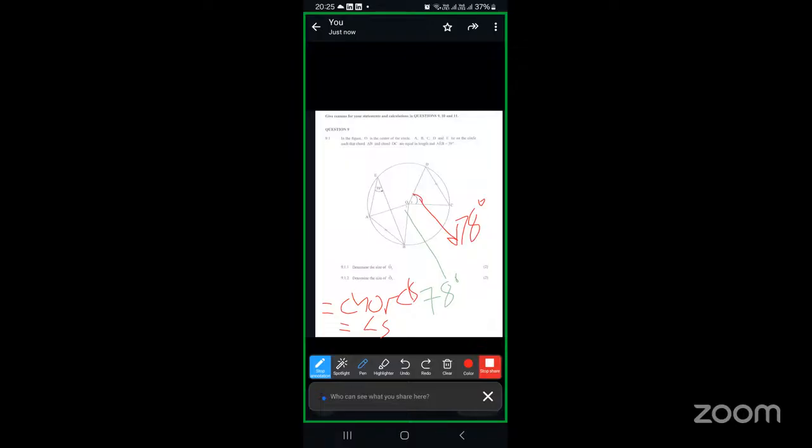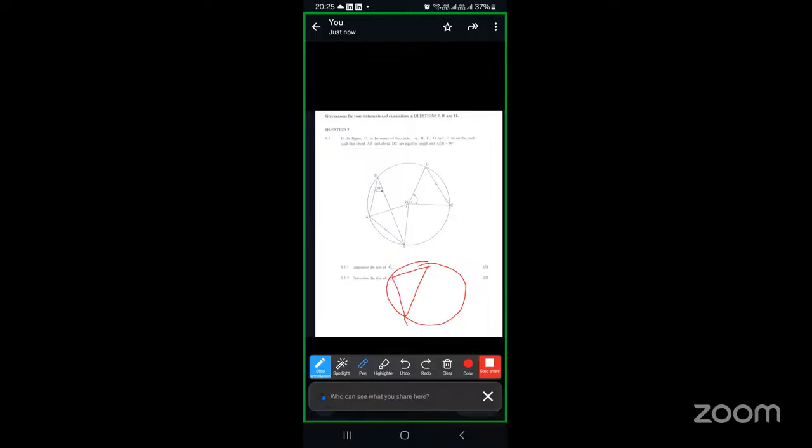So could you explain it? Okay. Remember we had that theorem that had 2 triangles inside each. It was like this.